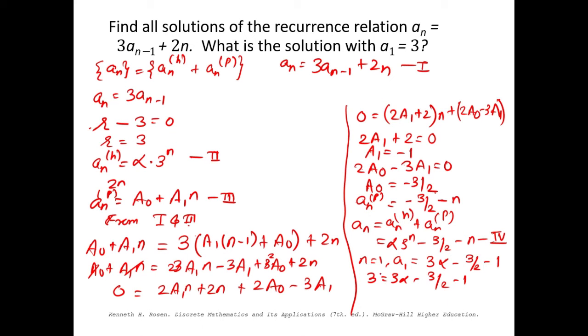Taking this to the other side, 3 alpha is equal to 11/2, so alpha is equal to 11/6.